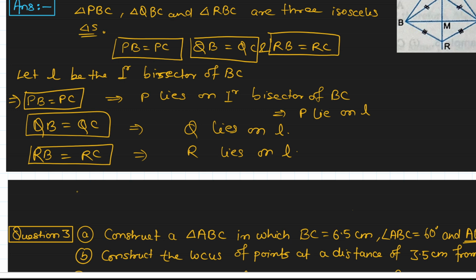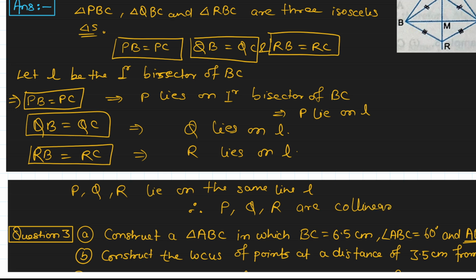So here P, Q, R lie on the same line L, hence P, Q, R are collinear. Answer.